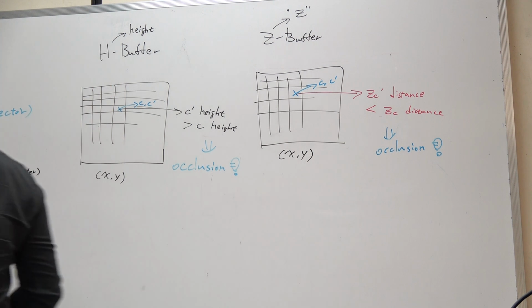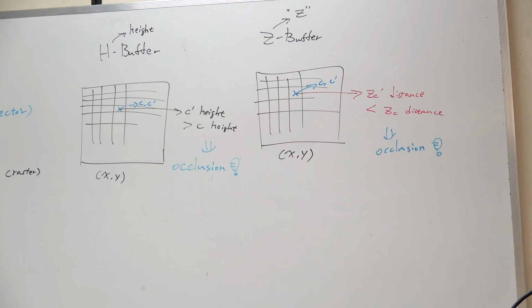Which means that when you are processing the C point, with the Z buffer and also H buffer, you will find out this point is an occluded pixel or occluded location. And then in this case, this occluded region can be identified.